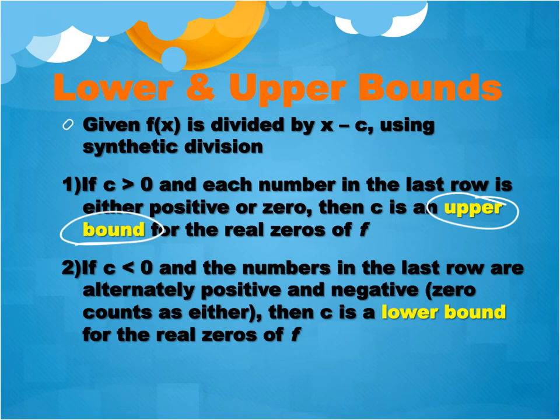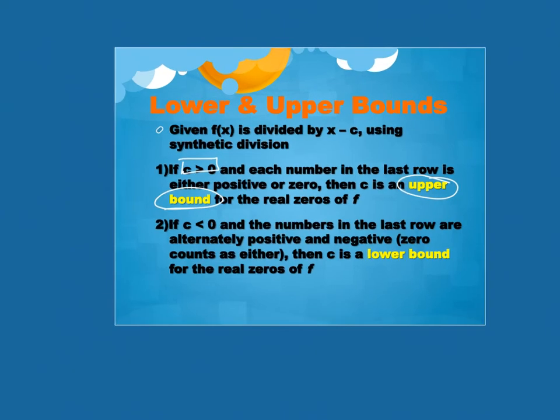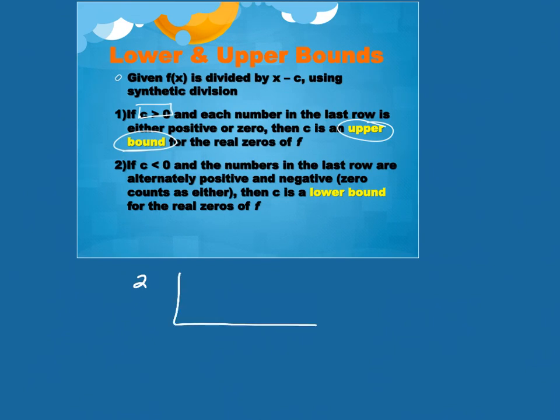If what you're dividing by is positive, the number on the outside has to be something like 2, and all the numbers on the bottom have to be positive or 0, then this is called an upper bound, which means no root can be bigger than that number.